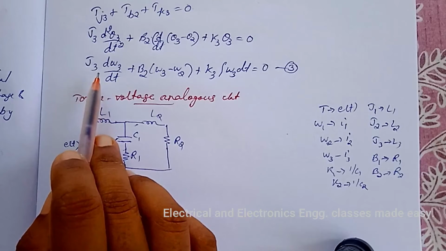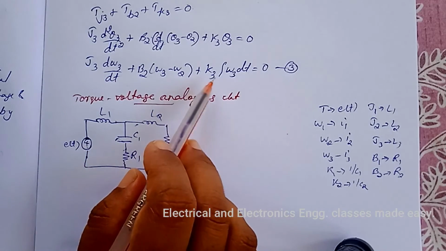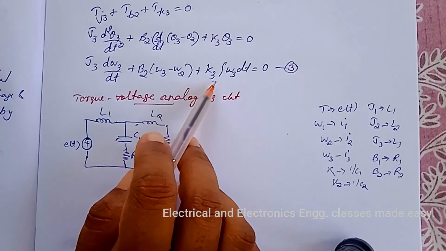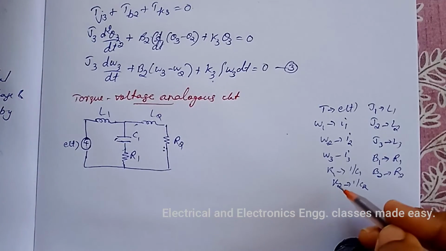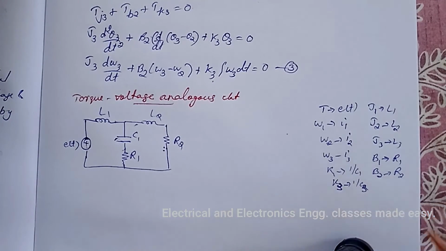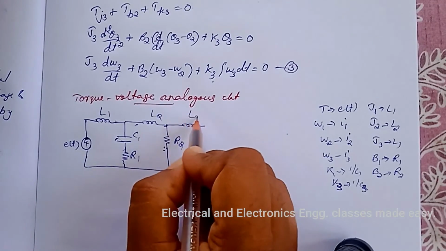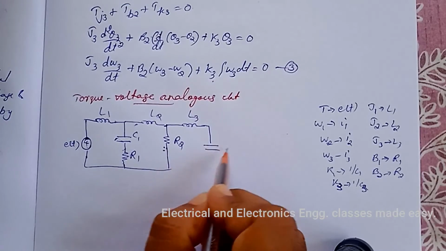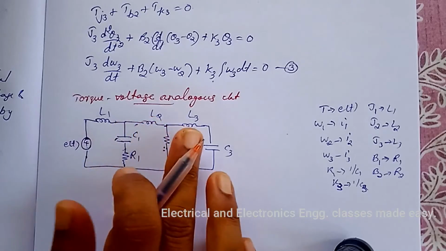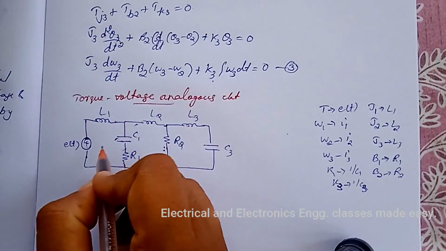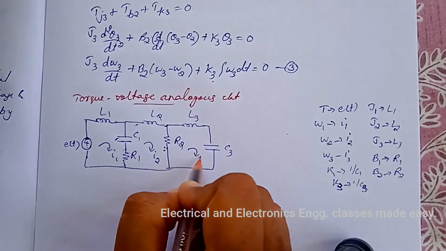J3 is L3, then B2. B2 we have already drawn. Then K3. Sorry, this is K3, that is C3. So here L3 is there, then C3 is there. So this is the torque voltage analogous circuit, and this is I1, this is I2, and this is I3.